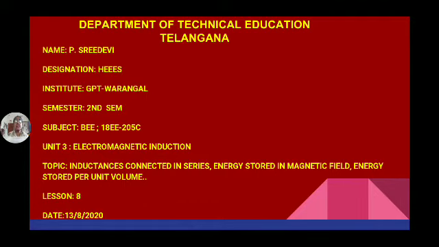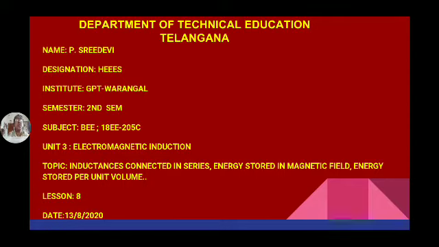Electromagnetic induction means inducing some EMF in another circuit. The transfer of inducing EMF from one circuit to other circuit without having any electrical connection, but with the help of magnetic link is known as electromagnetic induction.